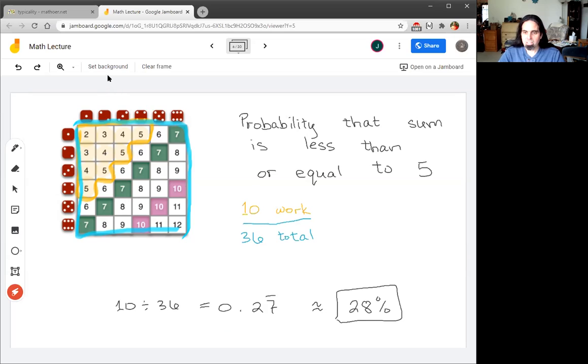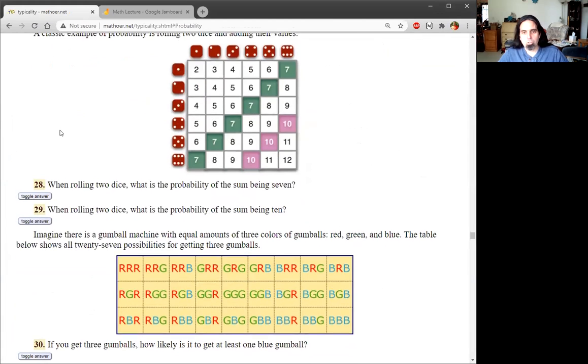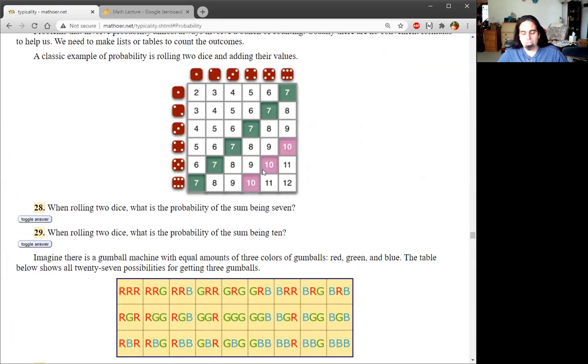Okay, questions about that example? Okay, in the lecture notes, we use the highlight green ones because you couldn't actually watch me highlight something.